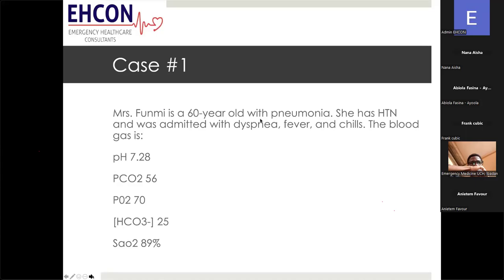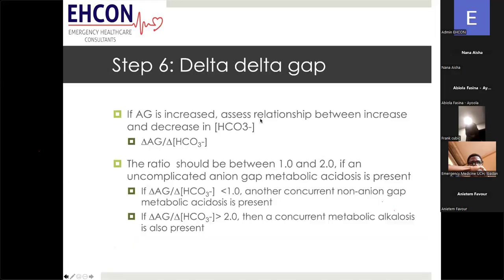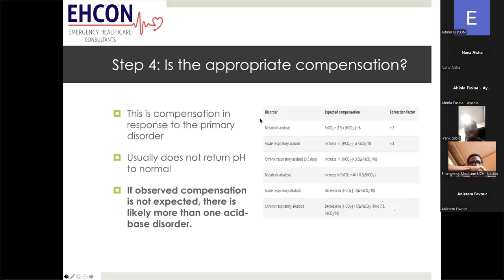So we've established that. The next thing we have to do, step 4, is to figure out if the compensation is adequate. For that, we go to our tables and look for the formula for respiratory acidosis.